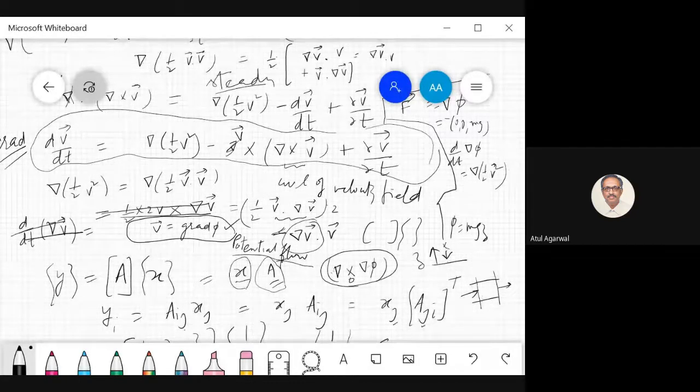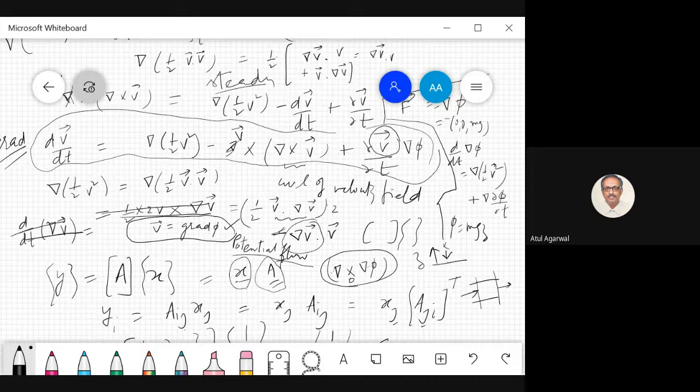And here you can write gradient of phi, so you are getting plus gradient of del phi by del t. In case this derivative is zero, this term is zero. So you have converted this acceleration into gradient of some terms. Okay. Any questions?